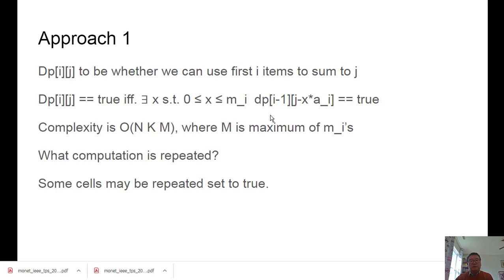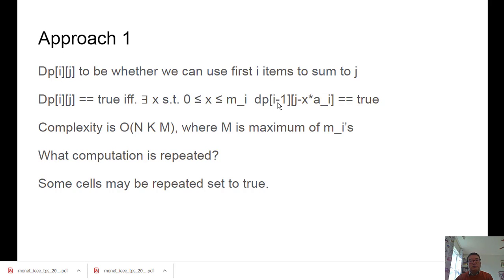For example, suppose we try to fill dp[i][j]. Then we will first look at dp[i-1][j], which corresponds with x being 0. If that is true, then this should also be true. Then we will look at dp[i-1][j - a_i], so we use one of them. And if that is true, then this should be true.